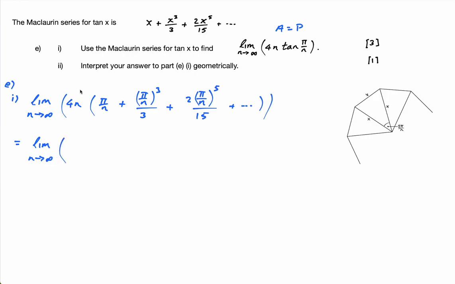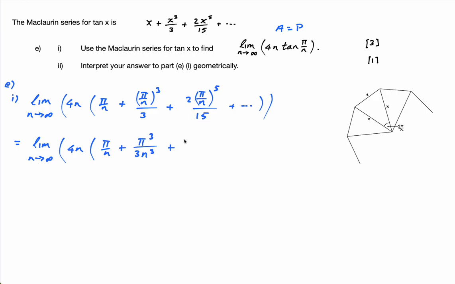Close bracket again. This equals the limit as n approaches infinity of... Let's simplify this a little bit first. So pi over n plus pi cubed over n cubed over 3, which is 3n cubed, plus pi to the 5 over n to the 5.